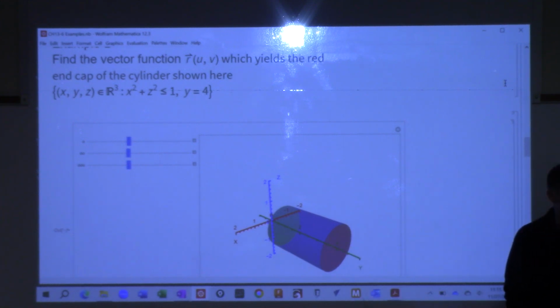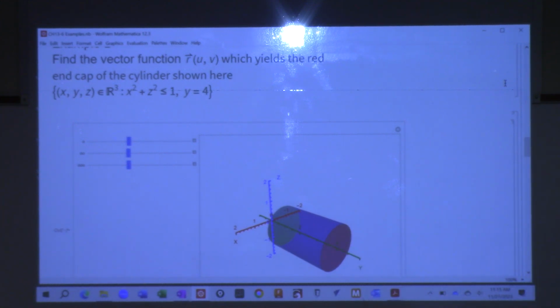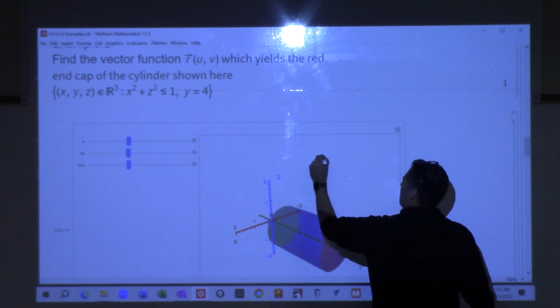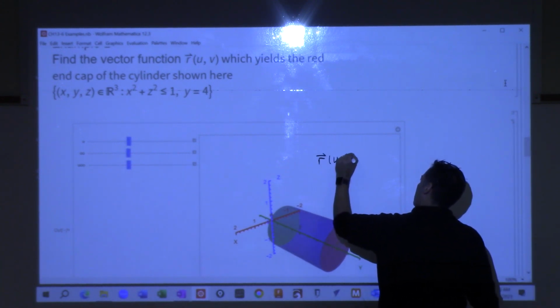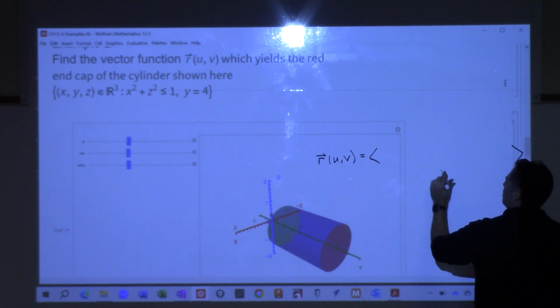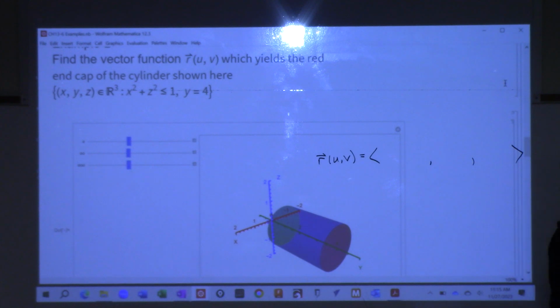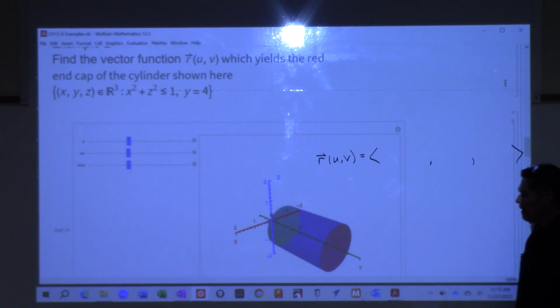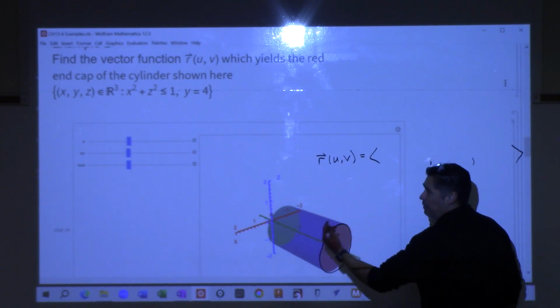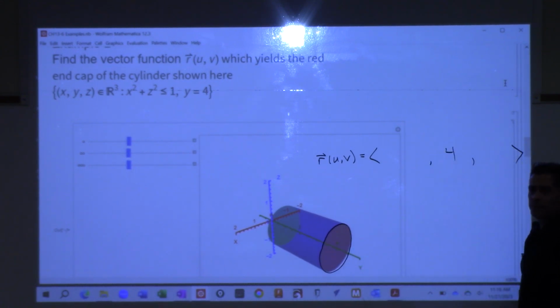So I want that instead of the whole cylinder. So for this, what's different? What do you see as the big difference? Y is 4, right? That's fixed. Y is 4. If I'm drawing this, my y is fixed. This is 4, okay?